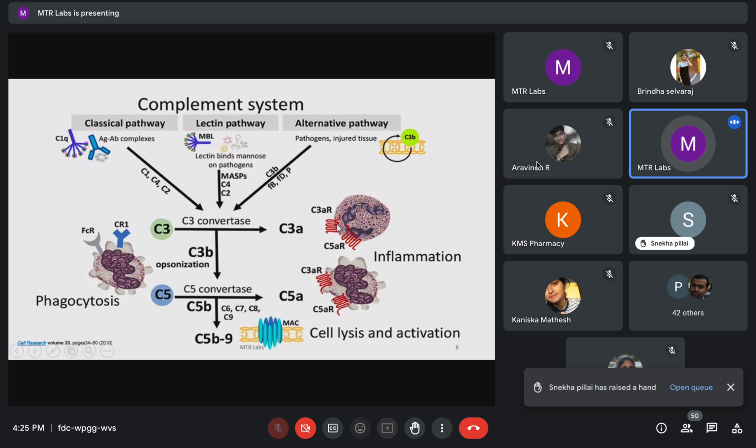Then there is inflammation at the site of infection, after C3a gets activated. So this is about the complement system, in which phagocytosis and the complement system play a crucial role in innate immunity.